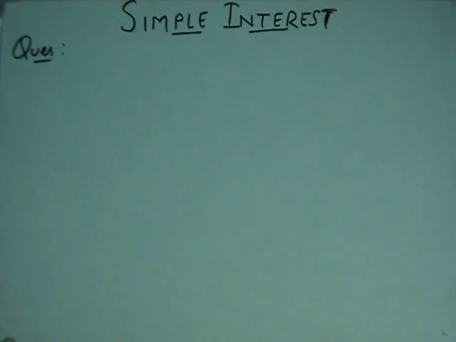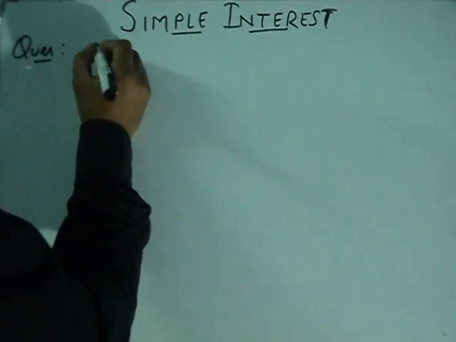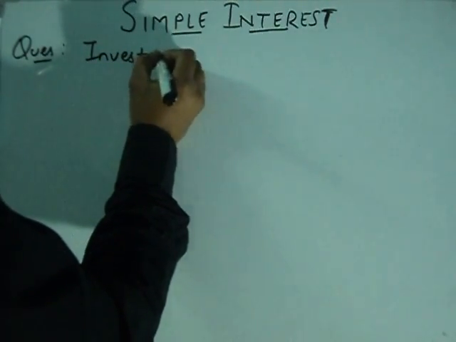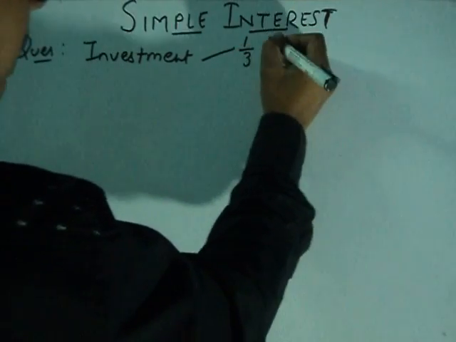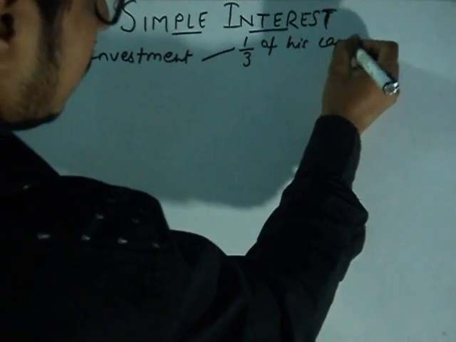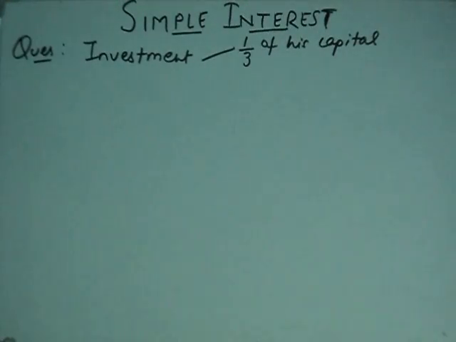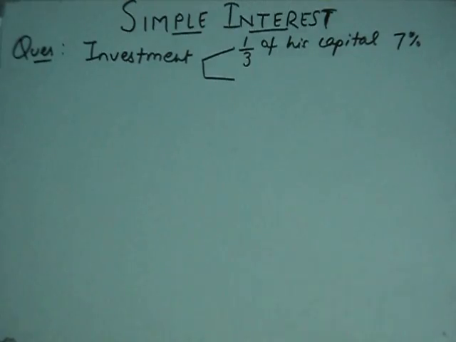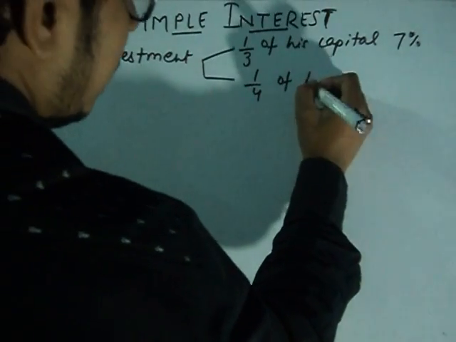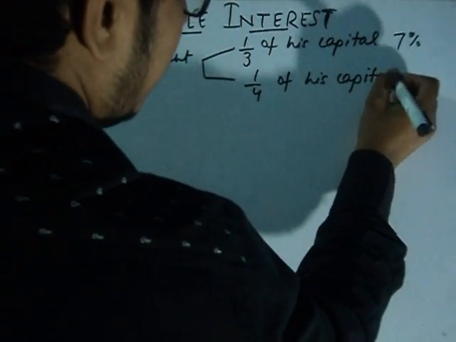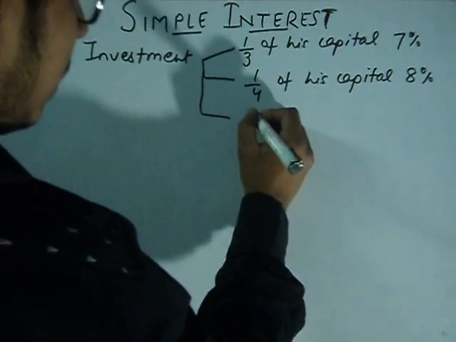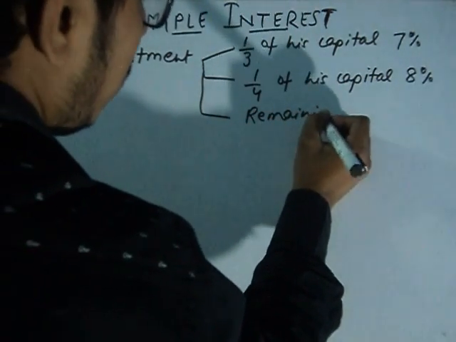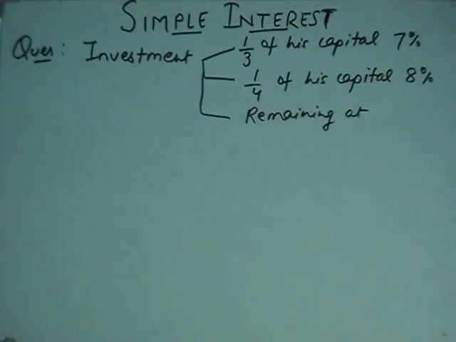Suppose a man has some money and he is going to invest it like this: one third of his capital at 7%, and the next one is 1/4 of his capital at 8%, and the remaining at 10%.